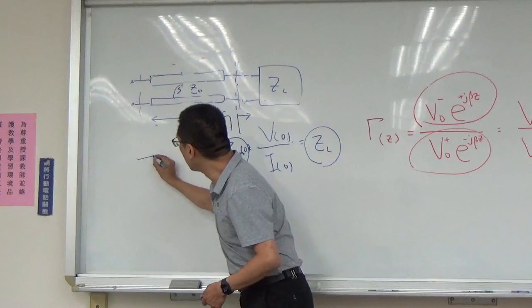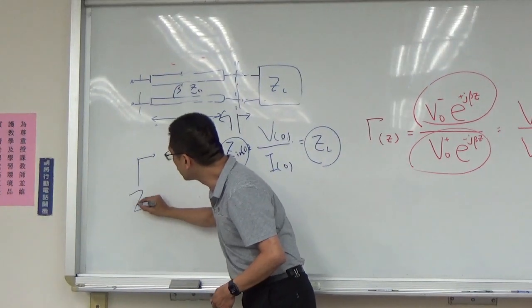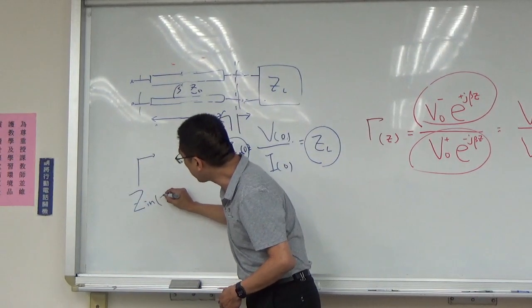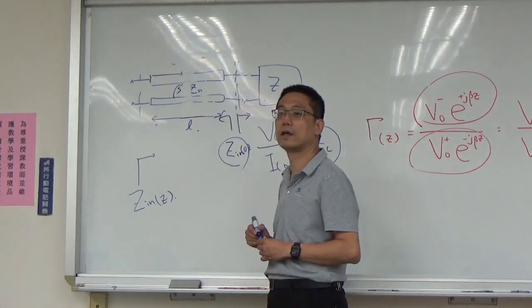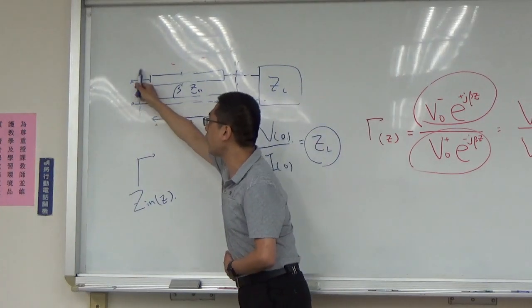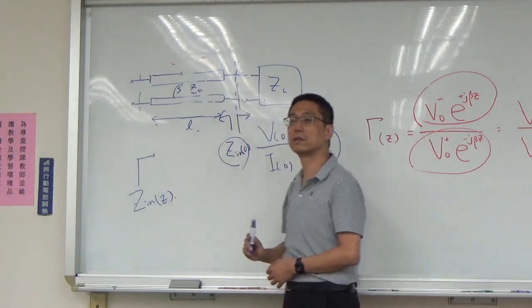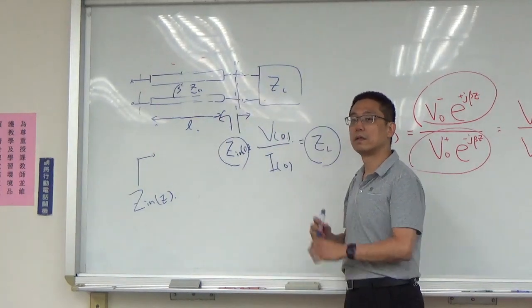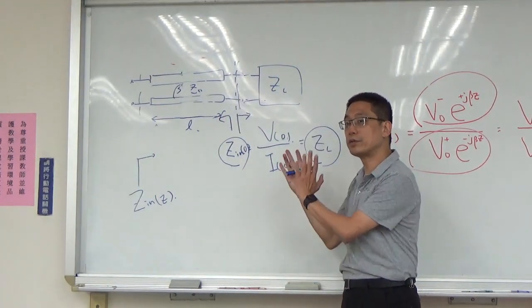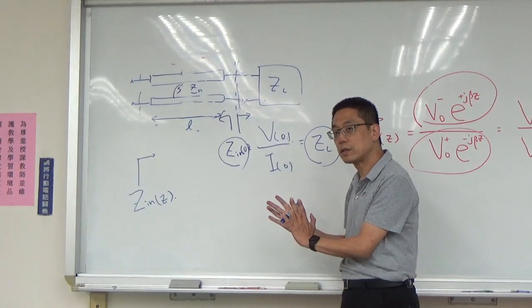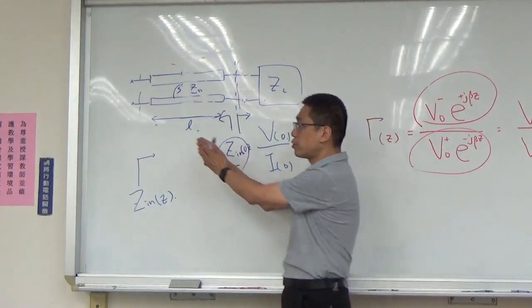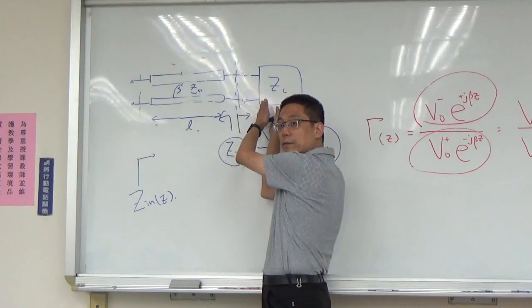What is your new Z in at z, at the other end of the transmission line? What is your total impedance? The impedance will change because we have a transmission line and we have a load.